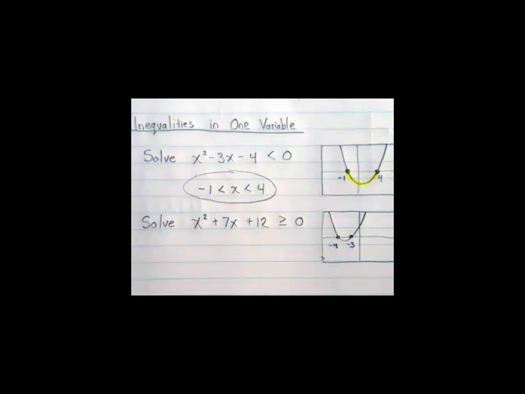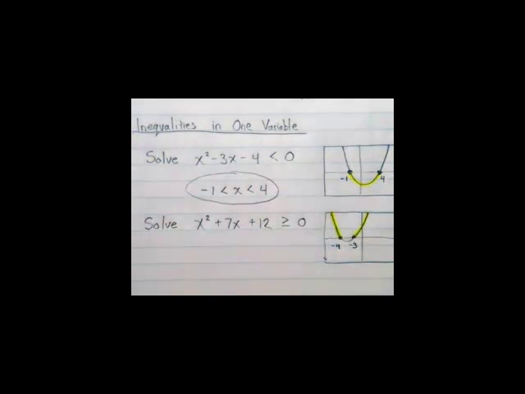Now it is greater than, i.e. above. So if we highlight the parts of this parabola that are above, we actually get two chunks this time. There's this piece over here, and there's this piece over here. Okay, so how do I describe that? I'm going to actually have two different intervals here. Got an idea, Jason?